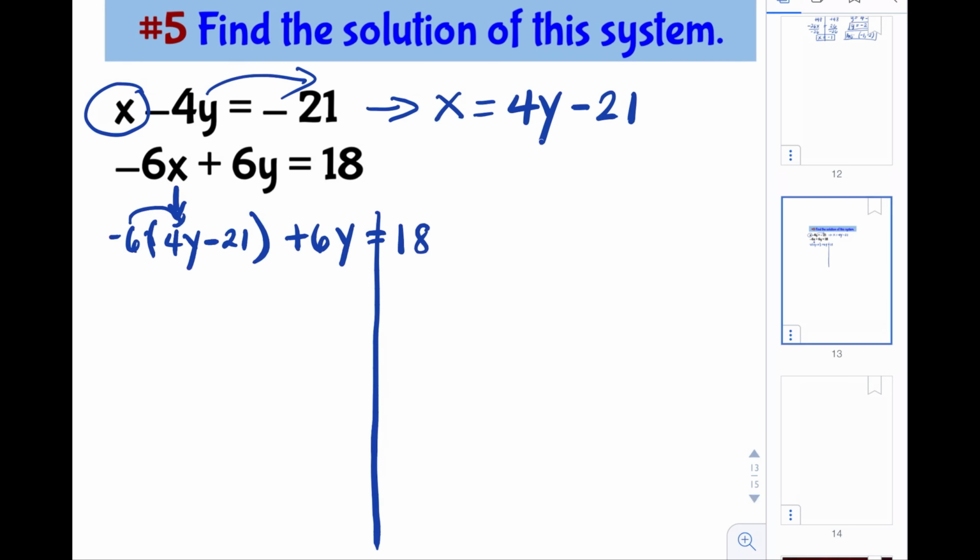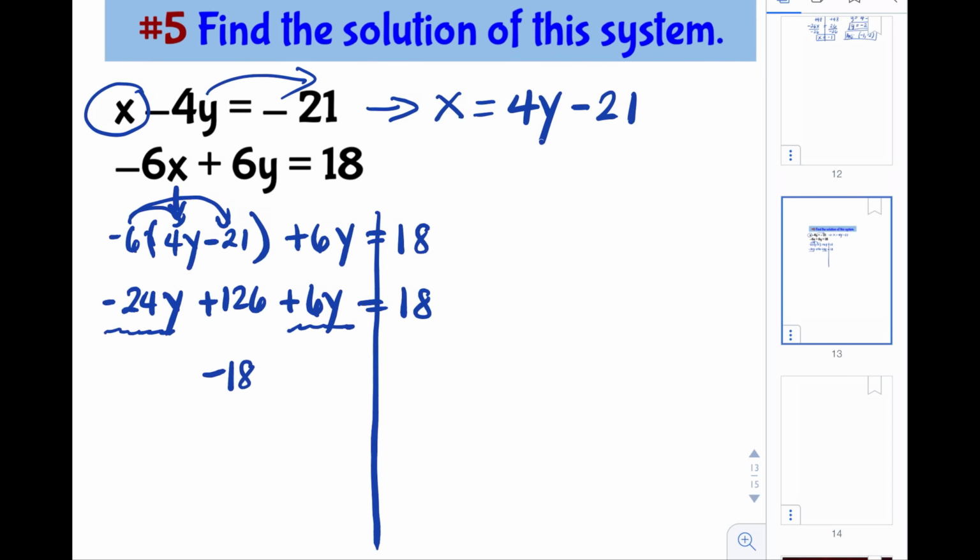So negative 6 times 4y is negative 24y. Negative 6 times negative 21 is 126. And then we have plus 6y is equal to 18. Now we can combine like terms negative 24y and 6y. And that is negative 18y. So negative 18y plus 126 is equal to 18.